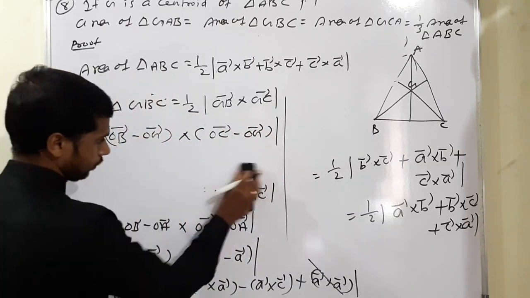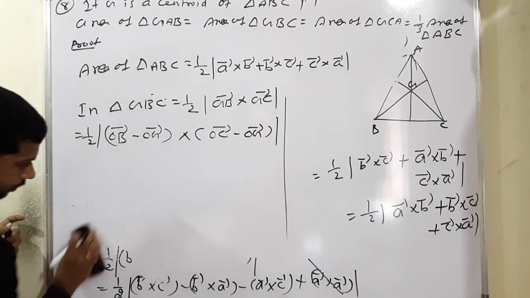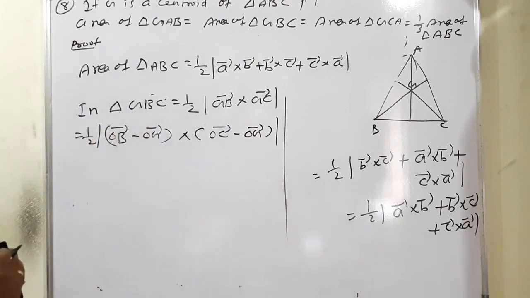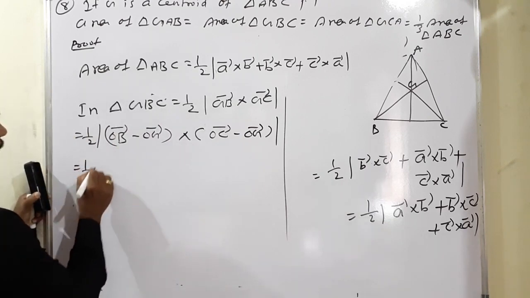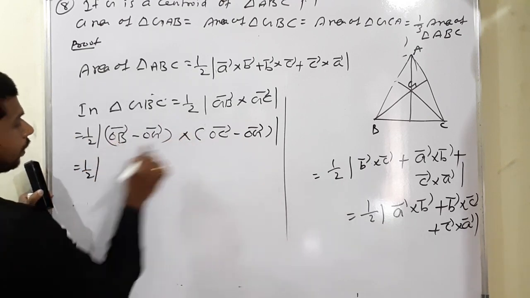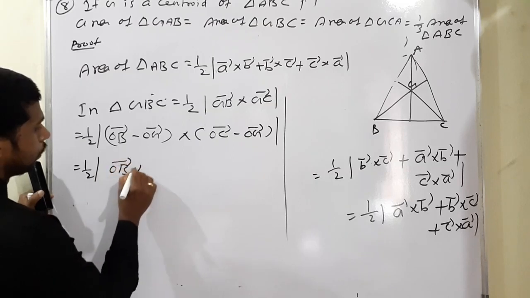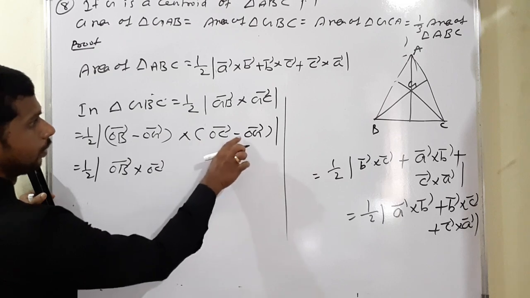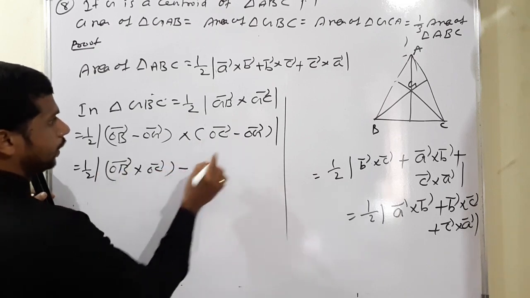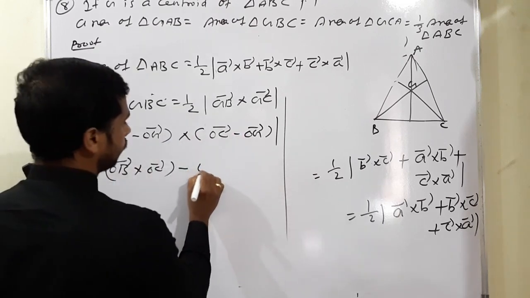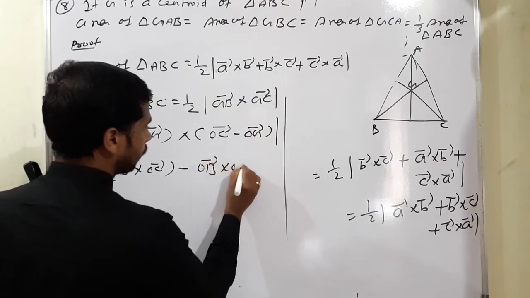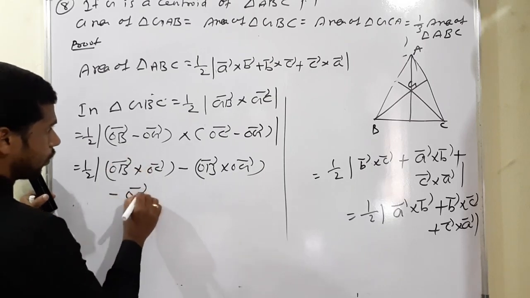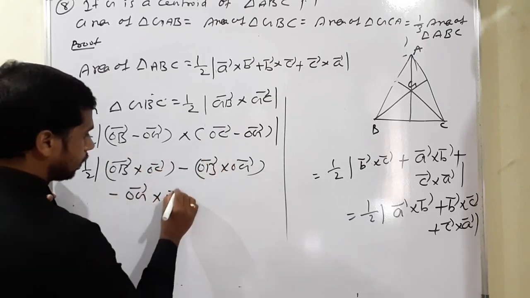Now again half into, we multiply OB vector cross OC vector. The next condition: minus OB vector cross OG vector. Next, minus OG vector cross OC vector.